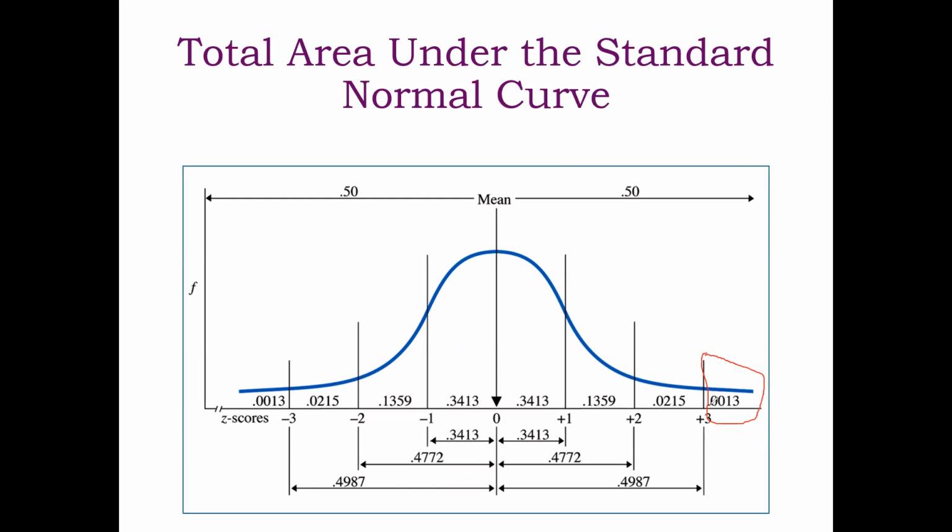All right, and in any distribution, an empirical distribution, you would just divide the frequency of these, for example, within 1 standard deviation of the mean, all these scores, by the total, and we're going to get that proportion, the relative frequency.